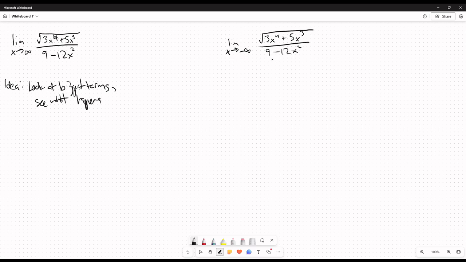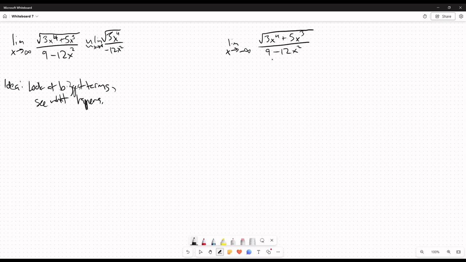So if we do that on the one on the left, we can look at this as a square root. The 3x to the fourth is bigger than the 5x to the third, so we'd have the limit as x goes to infinity of the square root of 3x to the fourth over negative 12x squared.